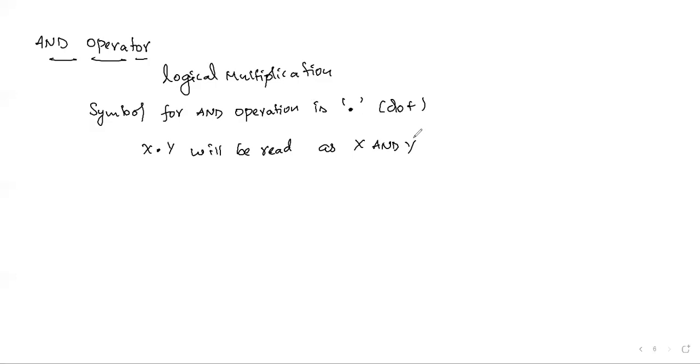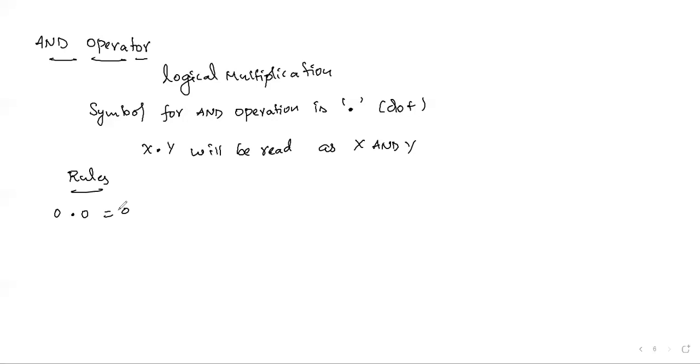Okay, now see here, the rules of AND operation, how it is going to work. 0 and 0 will be 0. If both the operands are 1, or if both the statements are 1, then only the resultant will be 1, otherwise it is false.